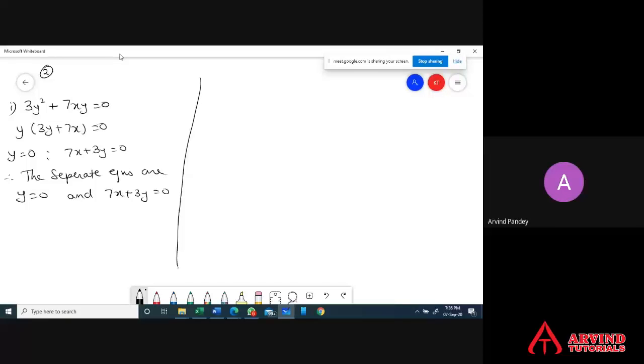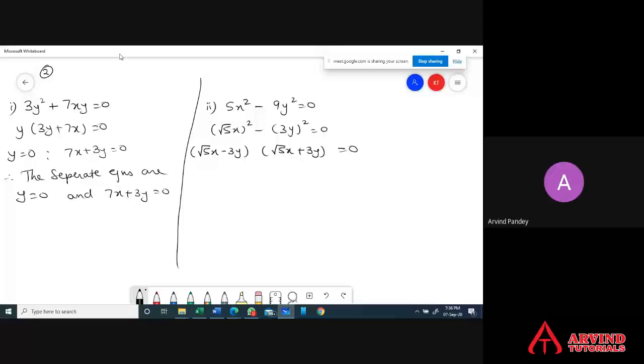Okay. Then in your second question, you are given 5x square minus 9y square equal to 0. I can write this as (root 5x) the whole square minus (3y) the whole square equal to 0. So it is (root 5x minus 3y)(root 5x plus 3y) equal to 0.